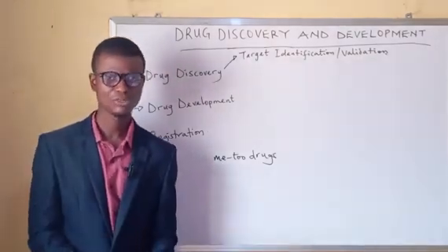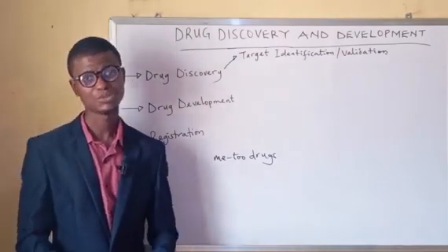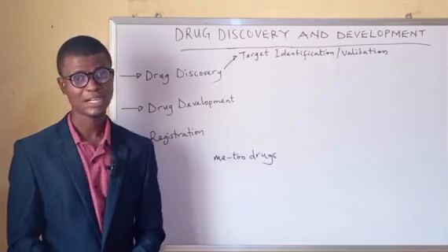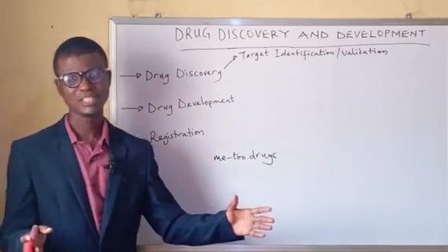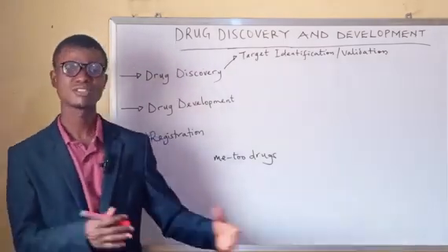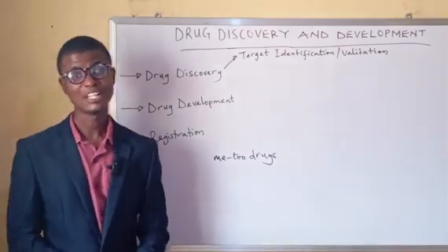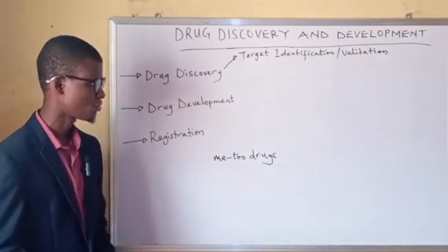So it has become pretty much easier, and even predicting targets computationally with the use of computers has also given medicinal chemists and drug designers another horizon of hope in terms of identification of targets.